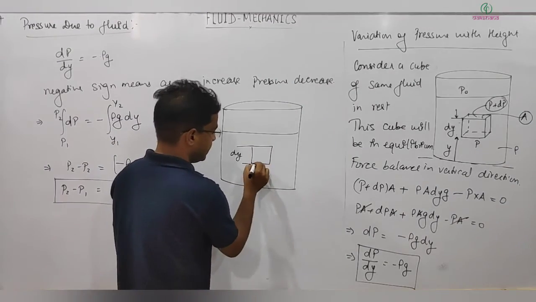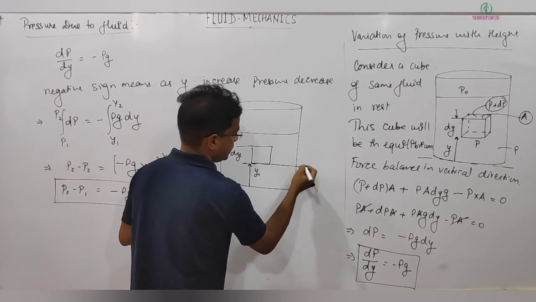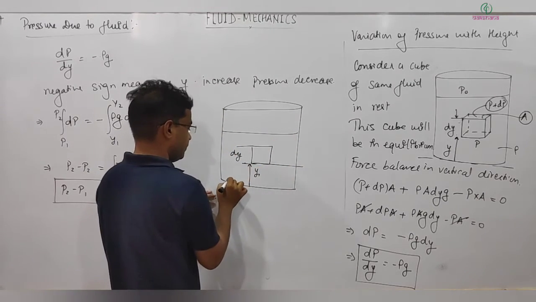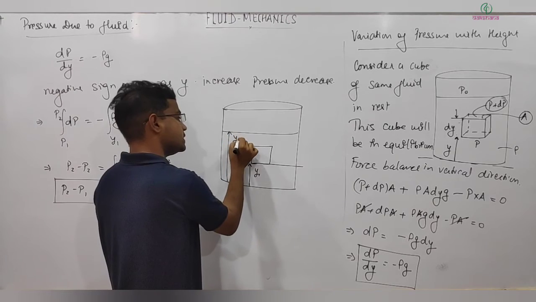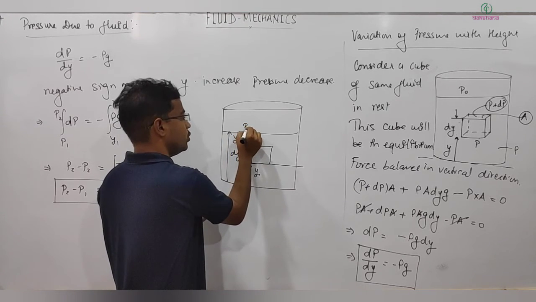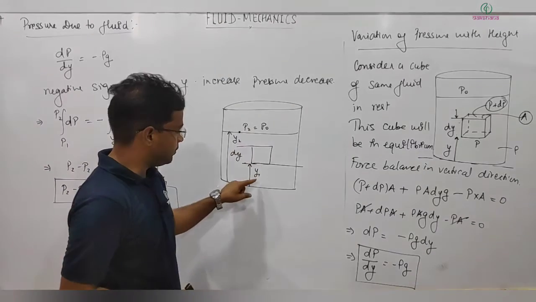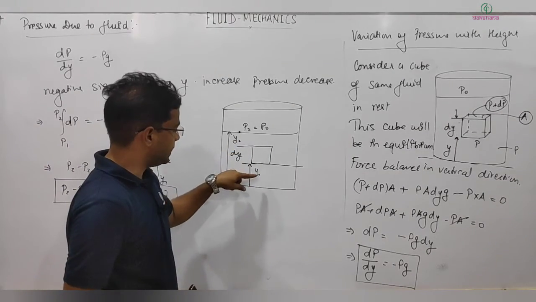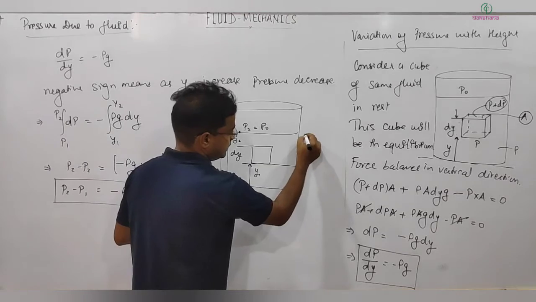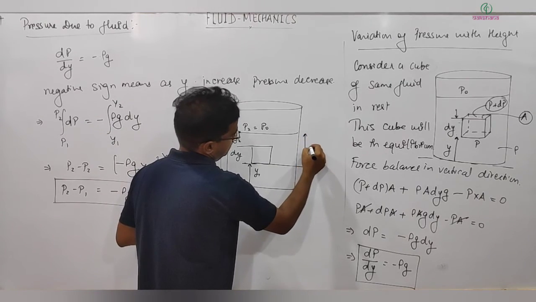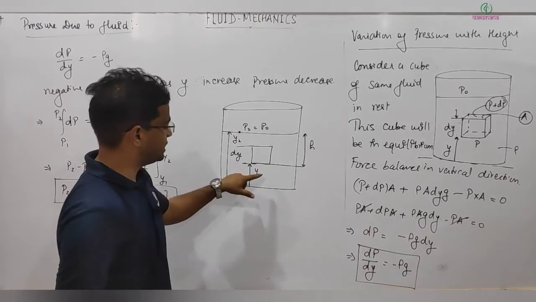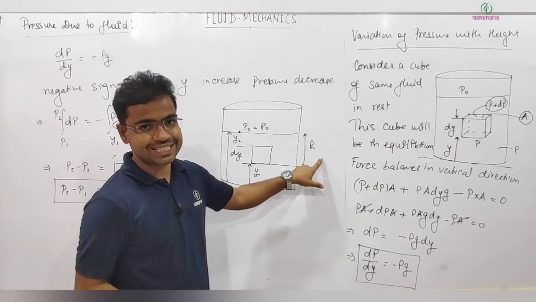I am taking this as my point 1, and y2, which is open, so p2 can be written as p0, atmospheric pressure. Y1 I am taking here, and this distance I am taking as h. So y2 minus y1 will be equal to h, right?